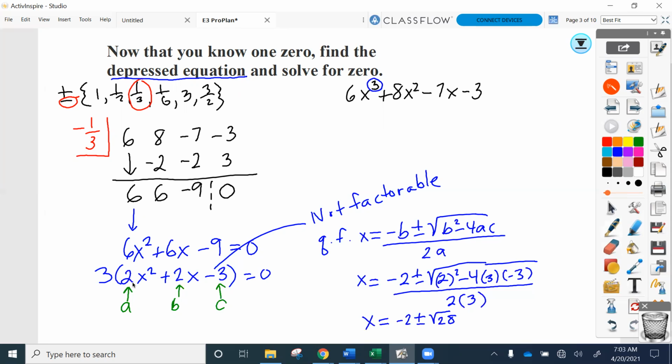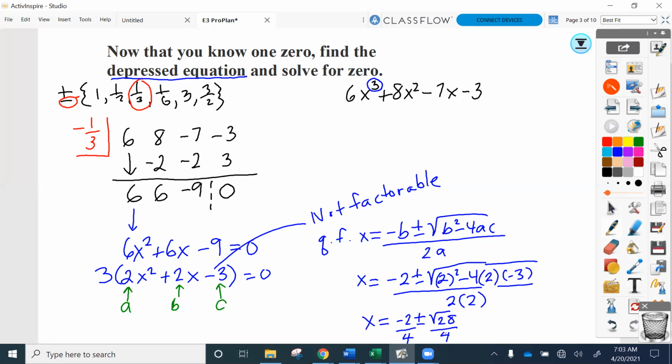So that means our a is a 2. So let's change that. So 2 times 2 is 4.